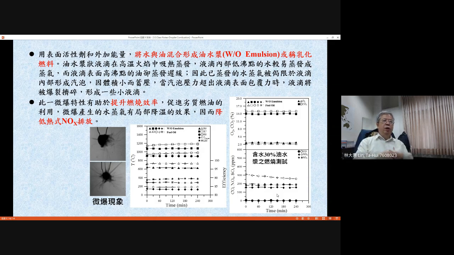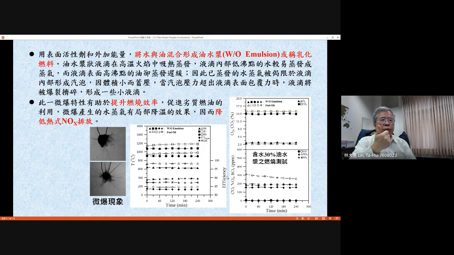Then it will reduce the thermal NOx emissions. This is a typical experimental result telling you that by using water mixed with the fuel, especially water-oil emulsions, you get some advantages.